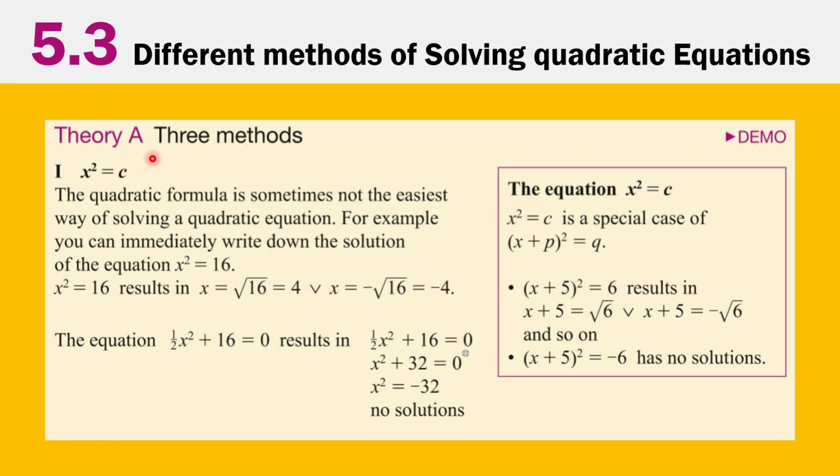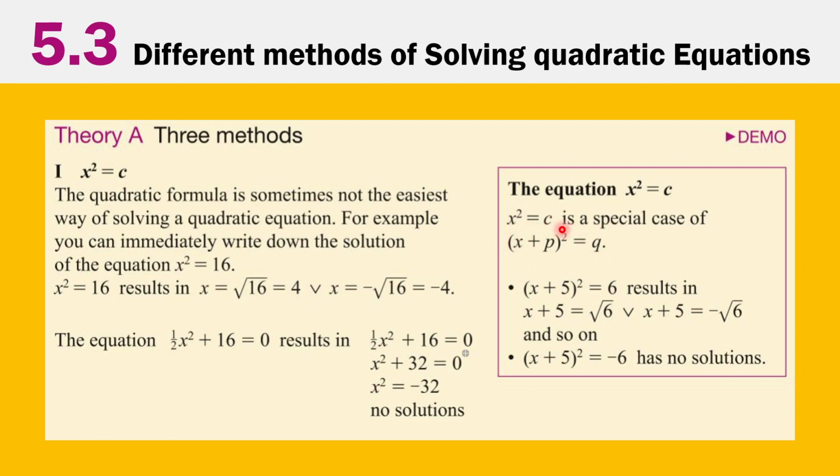The first method that I would like to discuss is x squared equals c. This one was introduced to you in second grade in chapter 5. It was the first one that we've taken a look at. Remember that in chapter 3 of this year, we also have taken a look at this form, right?